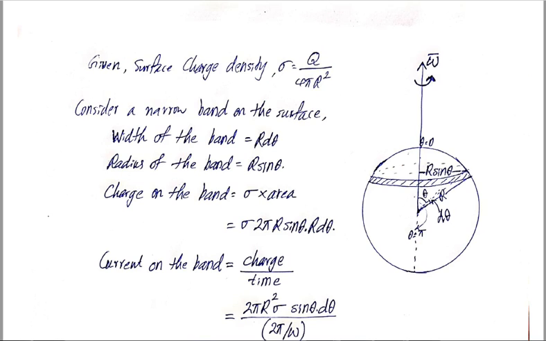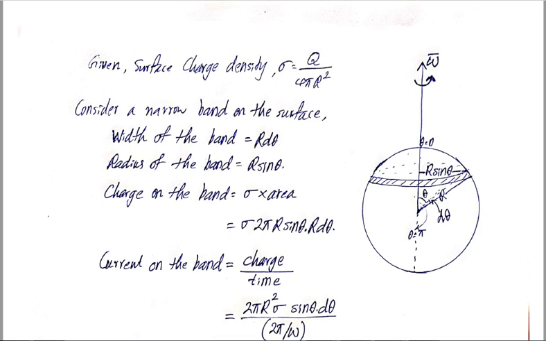So given the surface charge density sigma is equal to Q by 4 pi r square, we consider a sphere with the radius r, and on the surface of the sphere we consider a narrow band which is shown by this shaded region.